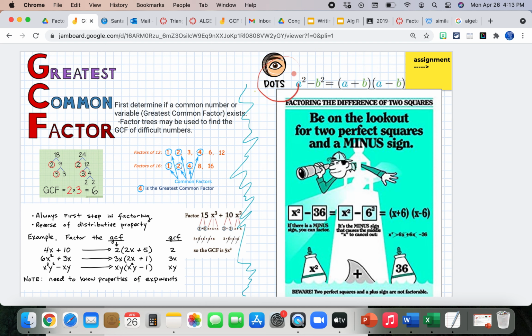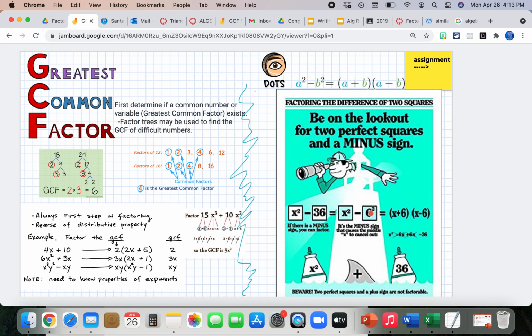For the differences of two squares, we want you to see this silly man that has the, what is this, horoscope? Okay, be on the lookout for two perfect squares and a minus sign. So be on the lookout: x squared is x times x, that's a perfect square, right? 36, what times what? Yeah, 6 times 6 makes 36. A perfect square is just a number multiplied by itself.